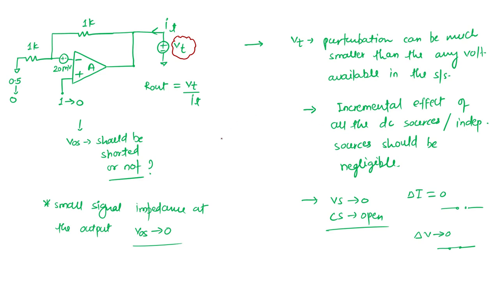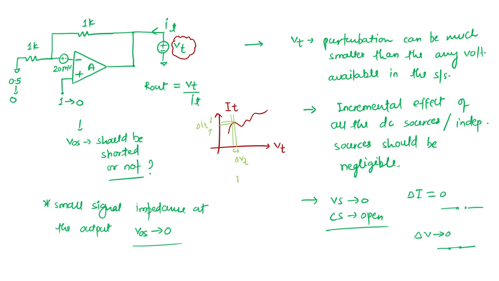Because what we want to see, let there be some random characteristic, IT versus VT. Then what I want to see here is a very small perturbation. This is my del VT, and this is the current change I want to see, my del IT.